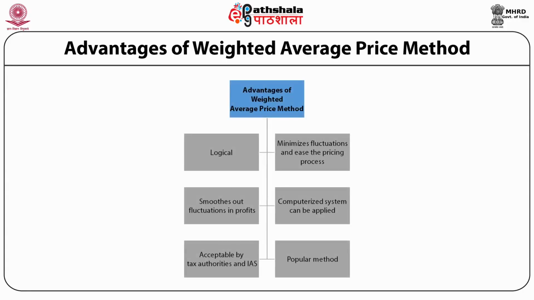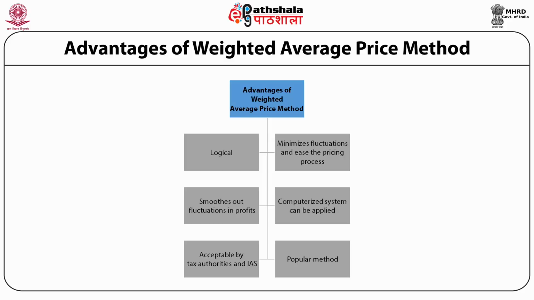Advantages of weighted average price method. This method is a logical method. It minimizes fluctuations and eases the pricing process, and smooths out fluctuations in profits. In this method, a computerized system can be applied.